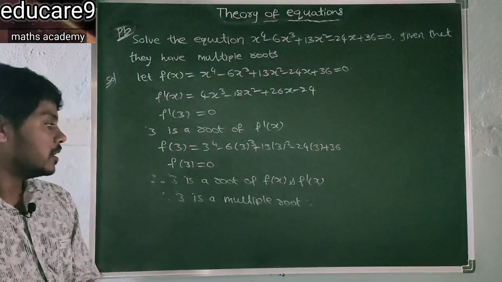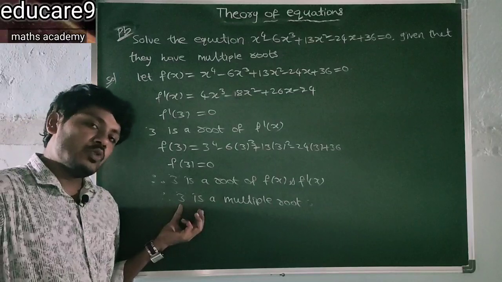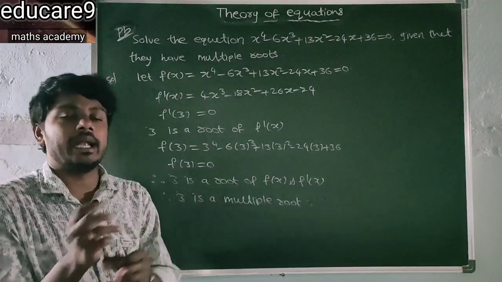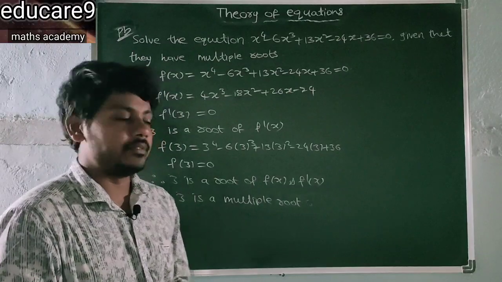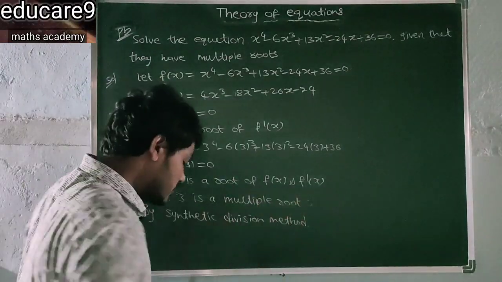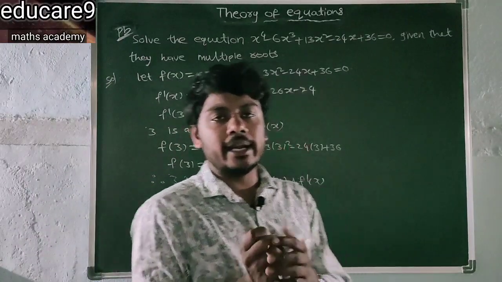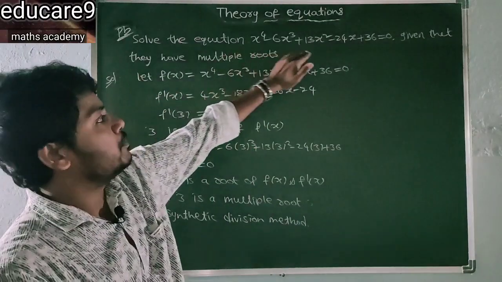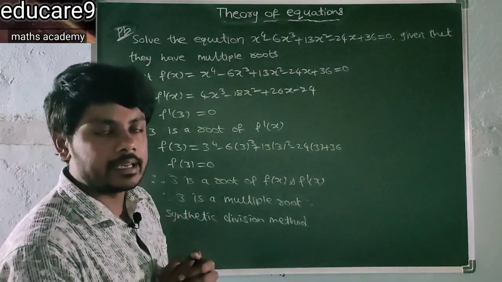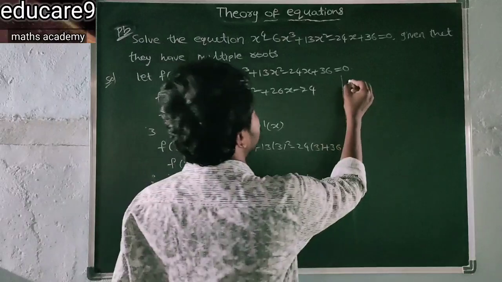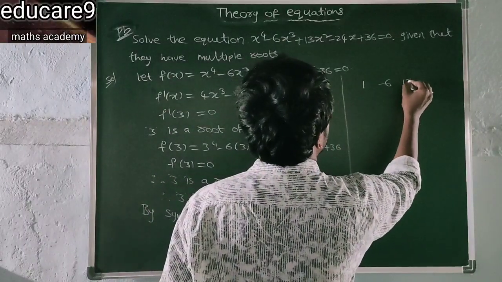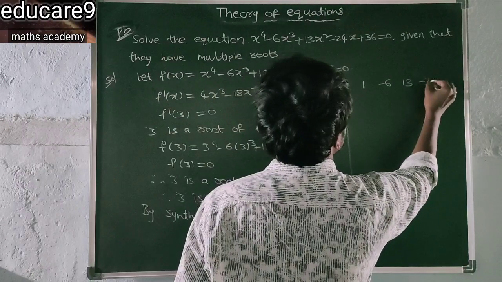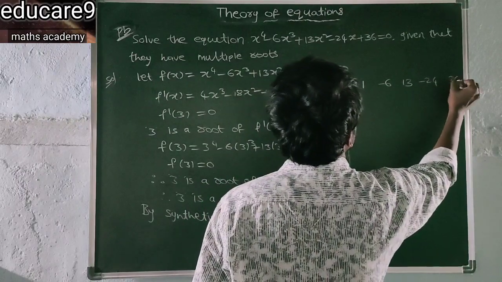Okay. Now using this root you can find the remaining roots. So you have to use the synthetic division method. In this method you have to write the coefficients of the algebraic terms in decreasing order. What are the coefficients? 1, minus 6, 13, minus 24, 36.